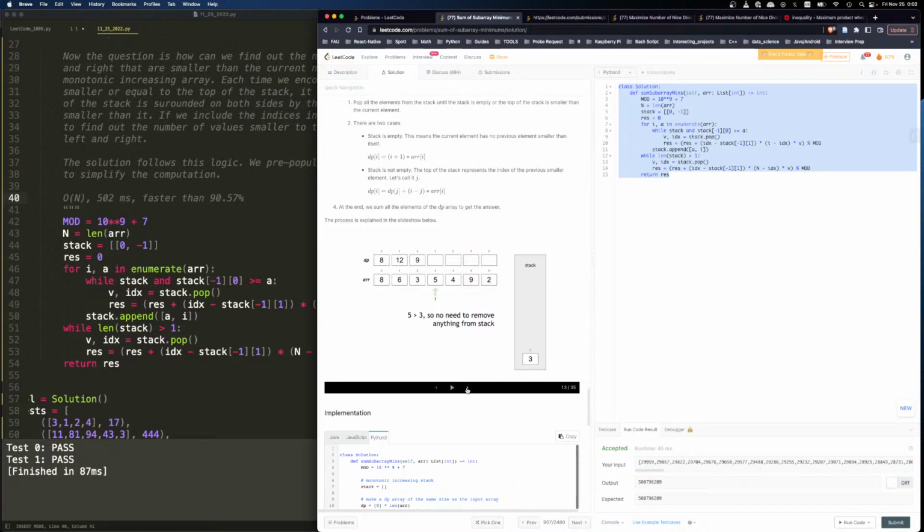Because everyone is trying to find all the things ending in this. Okay, so ending in 5: 5 by itself is going to be 5, and everything else is going to be 3. So it's just going to be the smallest, because it's all this, plus 5.